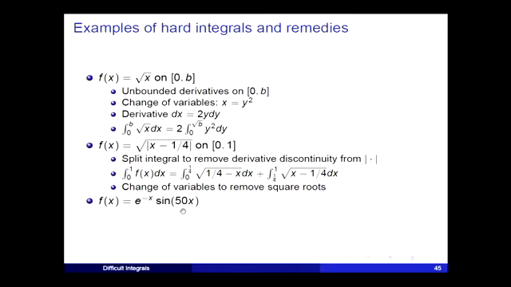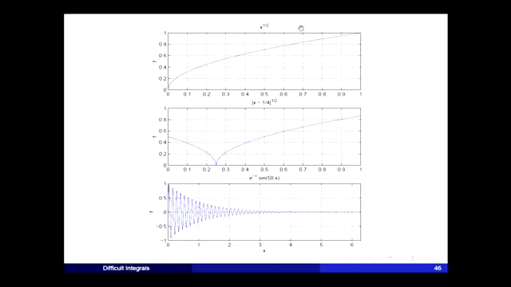This function oscillates a lot, sine 50x, and you just put in more points. See, this is a square root function, which has a cusp here, and this one is the square root of x minus 1/4, with a cusp here. You just remove this by splitting into two integrals. Or if you have an oscillation like this, just put a lot more points here.